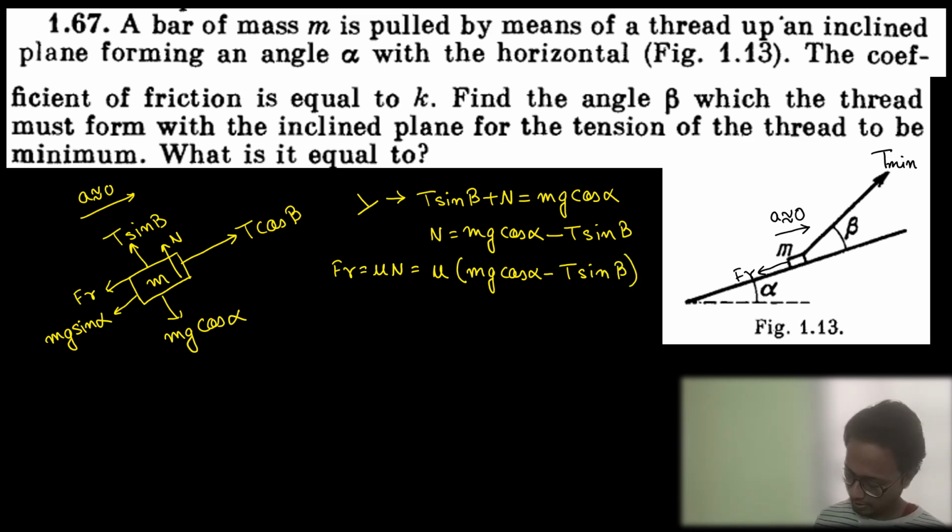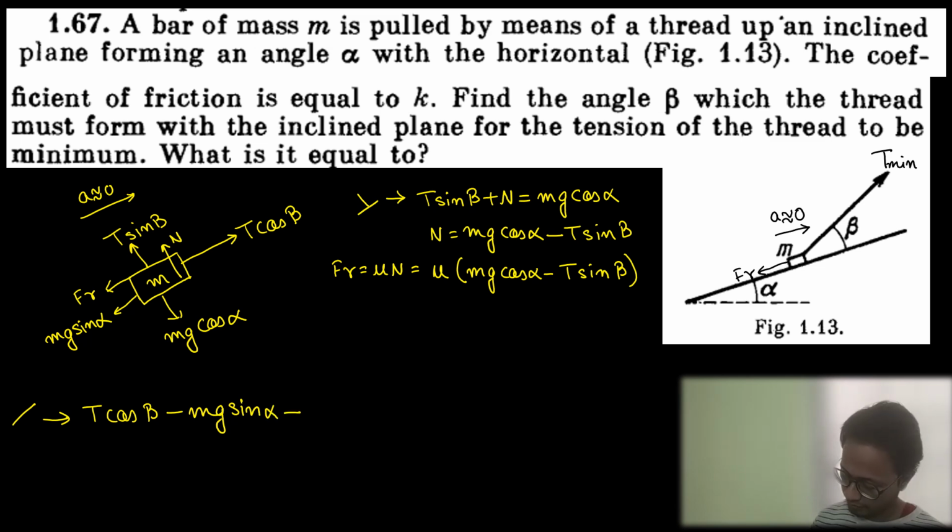Now let us take components along the inclined plane. If I write down the equation along the inclined plane, what do I get? T cos beta minus mg sin alpha minus friction force.